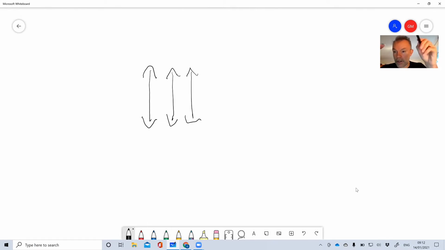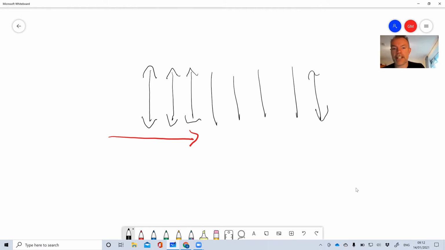So they are going up and down, but if you were looking at it, the wave would be going along like that, and it would go from here, then there, then there, and these people would be going up and sitting down as these guys are just sat there. Okay, it's transferred energy. The energy's now here, but the people, the matter, are back at the start. Okay, that's a transverse wave.